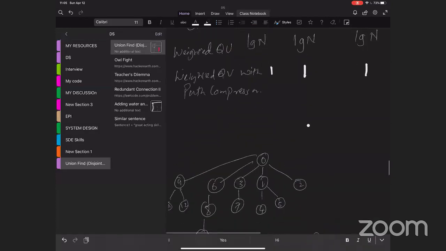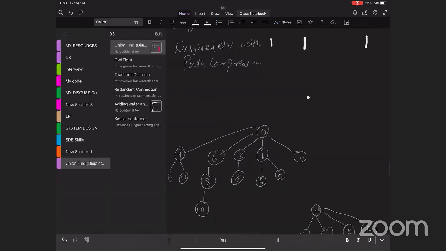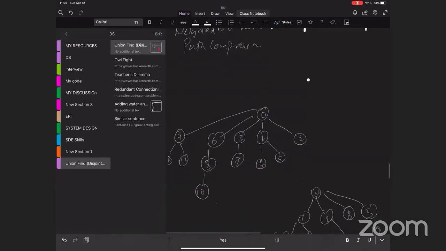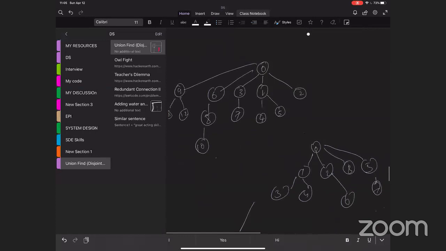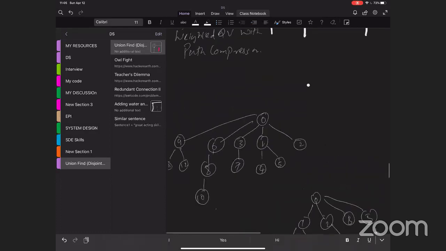But if you do rank, your height is changing the moment we do path compression. In this case, height was 1, 2, 3. After we do that, it probably becomes 2. So we have to recalculate it. It's difficult to maintain that when 0 can have many children.